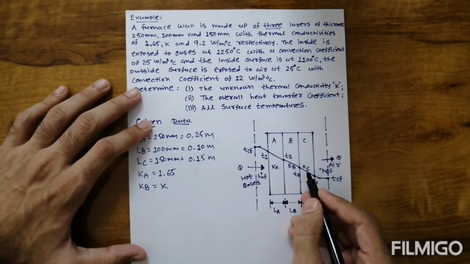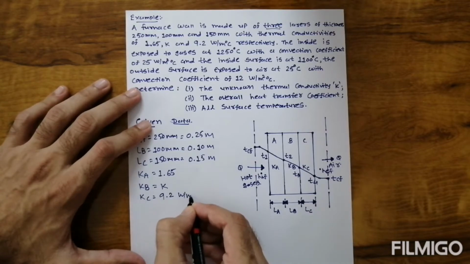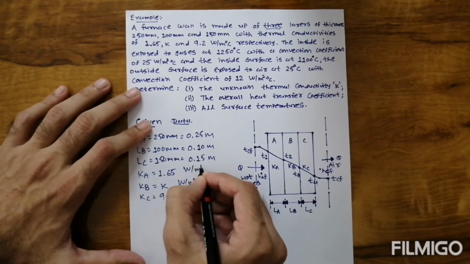And the third layer, Kc, is equal to 9.2 watt per meter degree Celsius. Each is in watt per meter degree Celsius.